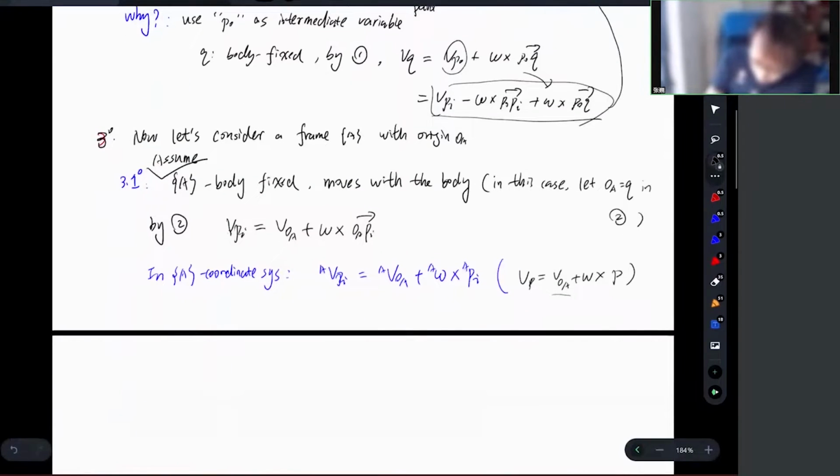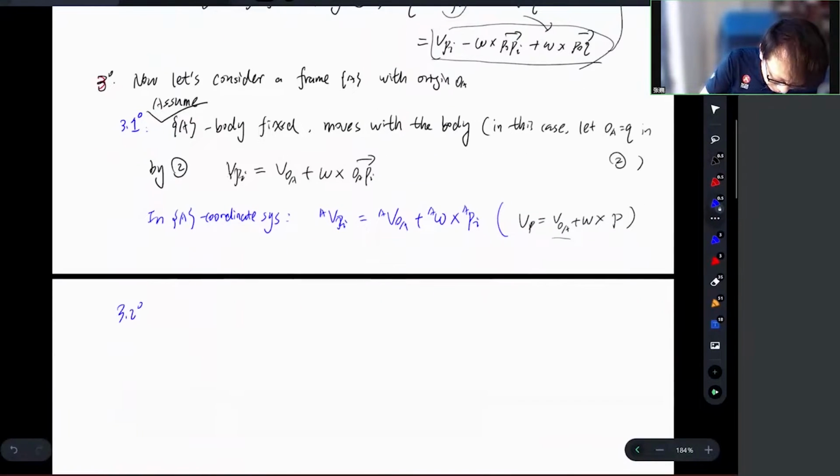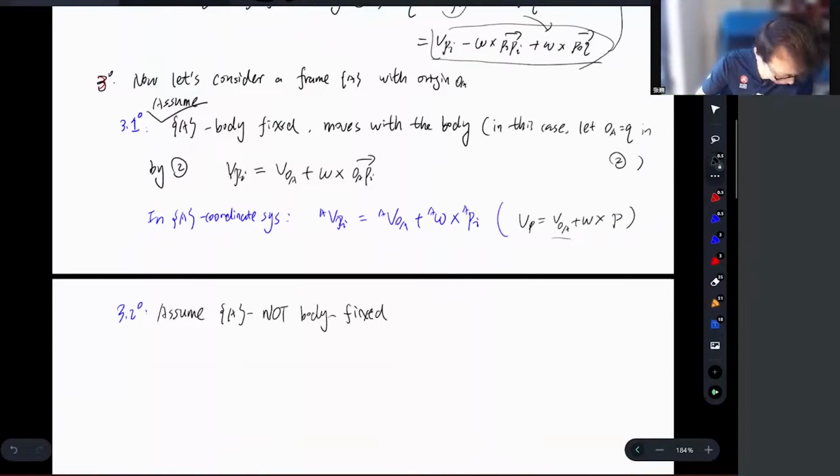Now let's think about the confusing part for some students. The second case: assume A is not body fixed. What do I mean by that?